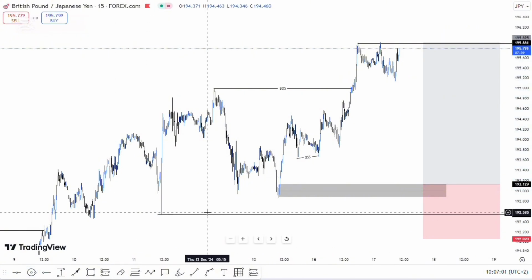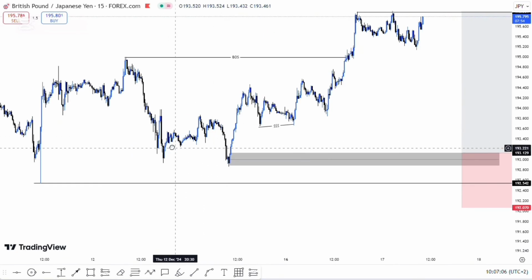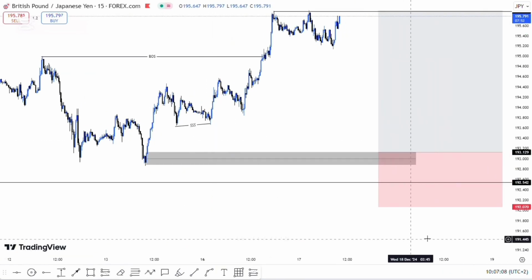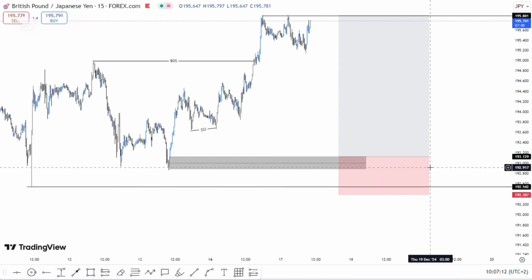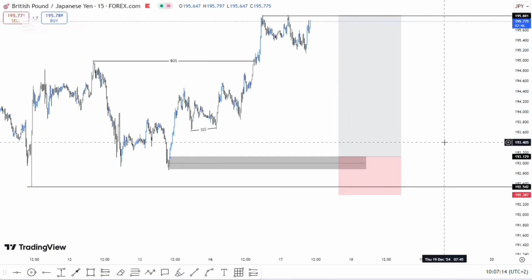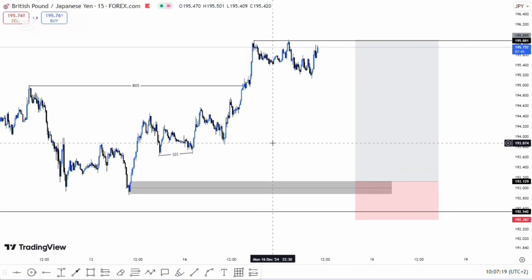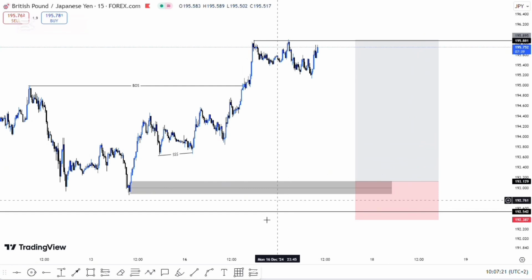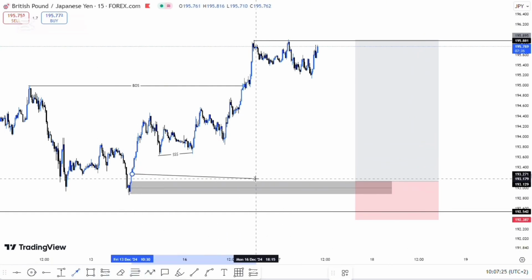And considering our SL, we'll be putting it at the previous low. As you can see, this was due to news, so fundamentals can be a bit crazy sometimes, so I better be on the lookout for that. So now this is what we have, an imbalance present, right?